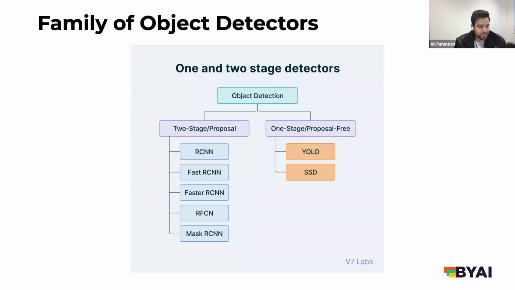And the two stage detectors, or two stage proposal detectors, are called RCNNs, or regional proposal convolutional neural networks. And you have a whole family of them, such as RCNN, Fast RCNN, Faster RCNN. It's very creative naming of these networks, but basically one is better than the other, right? And then at the end, you get the Mask RCNN.